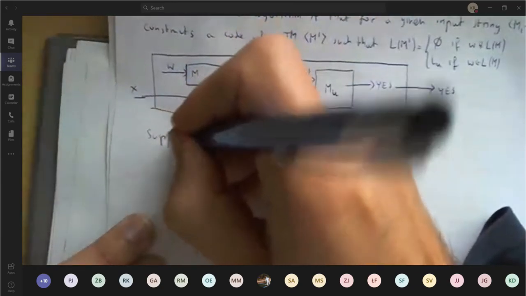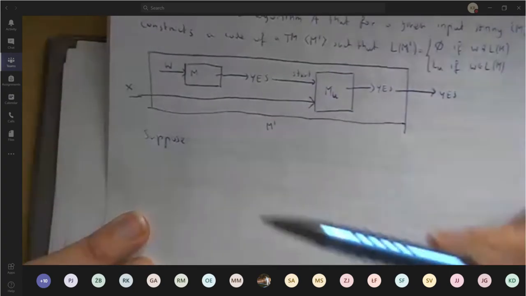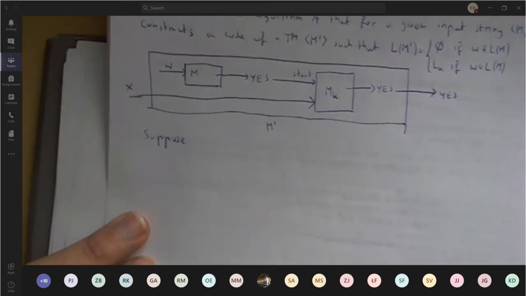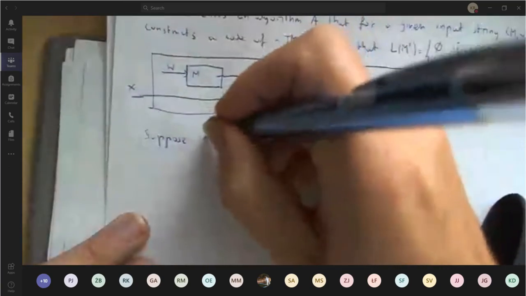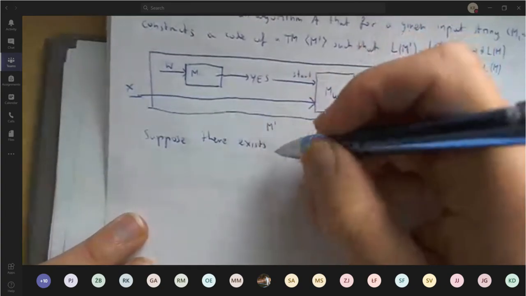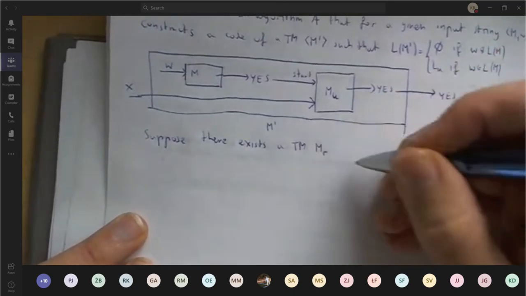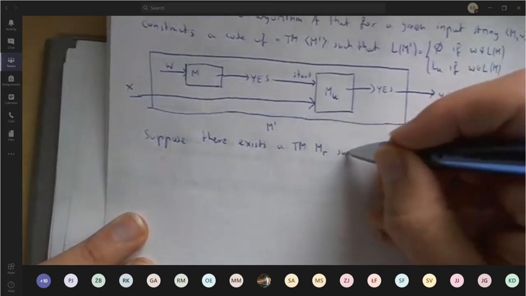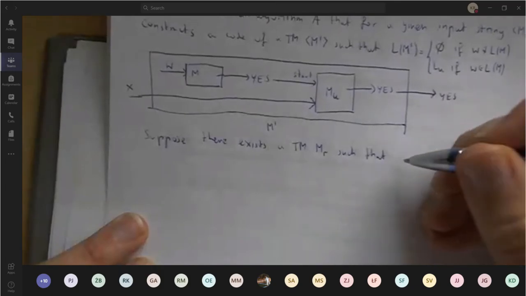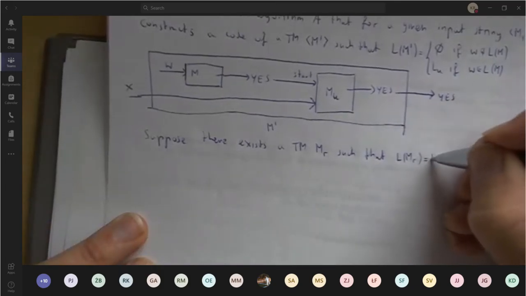So this is it. Okay, so now back to the proof. So suppose there exists a Turing machine, I will call it MR, recognizing the language LR.